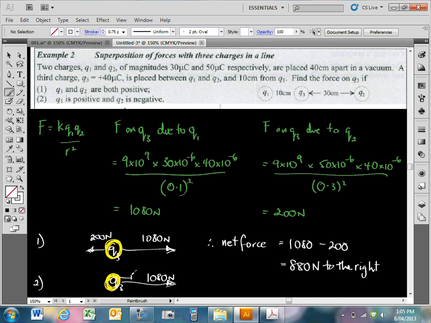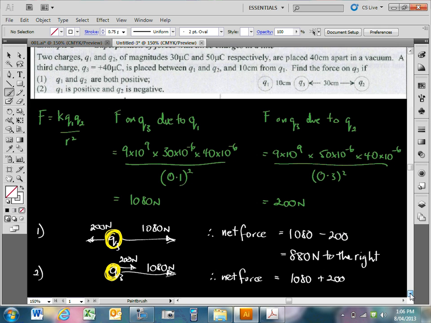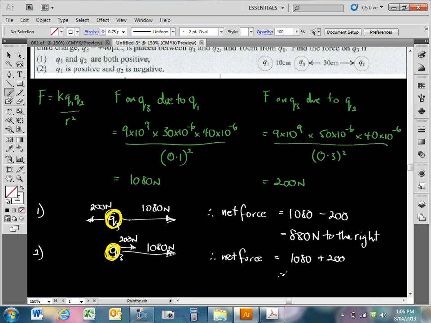So we'll have our 200 newtons there. Add vectorially. 1,280 newtons toward Q2.